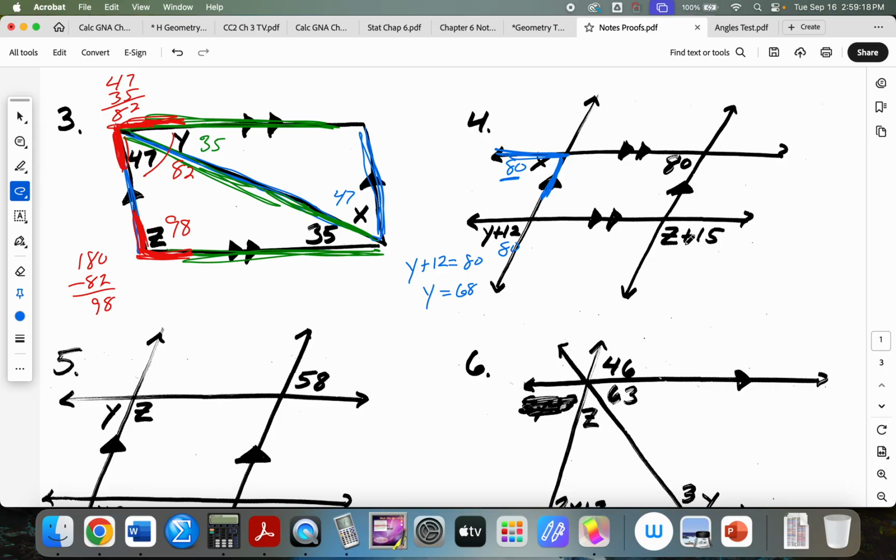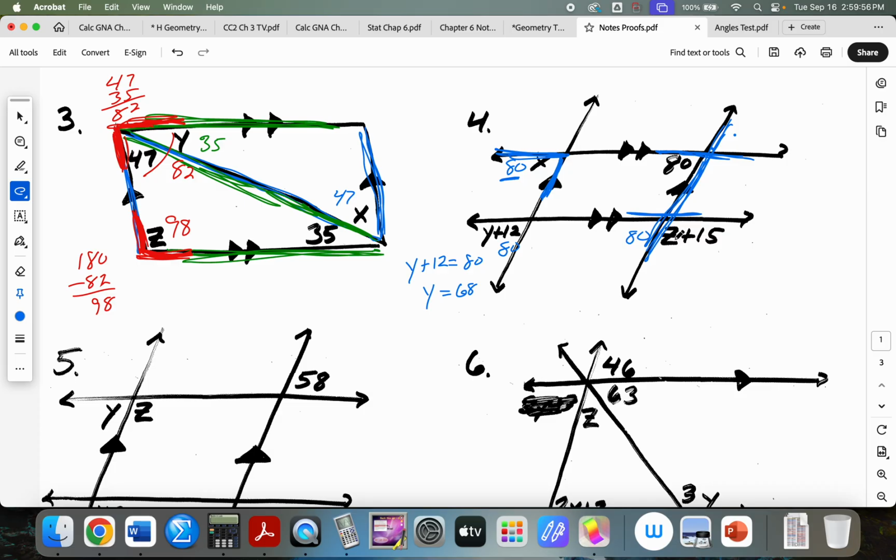All right. Now let's look at the z plus 15. Is it related to this 80 up here? Yes, because if I go from one to the other, am I crossing parallel lines? Yes. What kind of angles are they? They're not any kind of angles, but you can either use corresponding angles or you can use vertical angles. It doesn't matter which. Let's do corresponding.